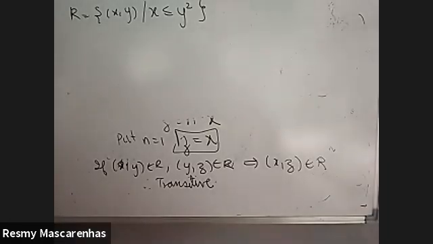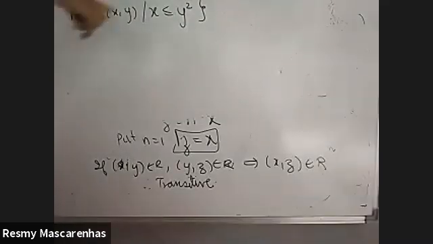One more thing we have noticed till now is that we were always asked to check whether it is symmetric, reflexive and transitive. But whenever you are asked to prove that it is neither, what you have to show is that it is not reflexive, not symmetric and not transitive. Whenever you want to prove that, you have to give one example, any one example which is not holding true, and show that it is not reflexive.